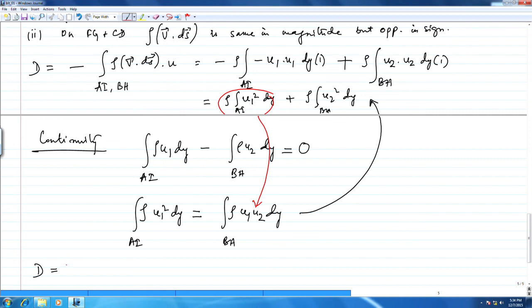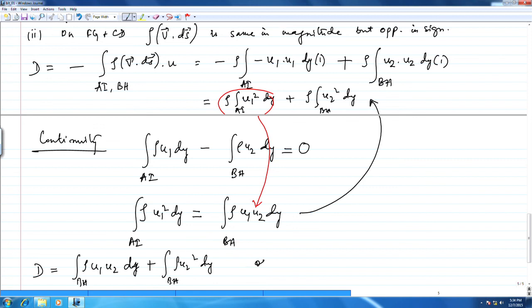So D is equal to, then this drag I can write as rho U1 U2 dy over BH, plus rho U2 squared dy over BH.